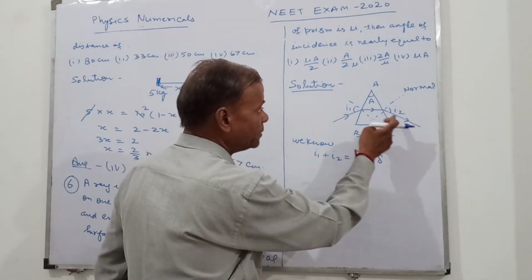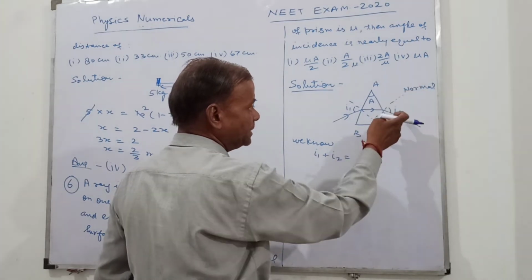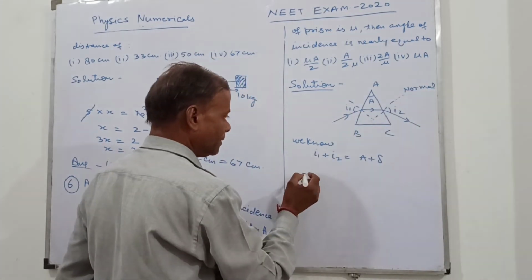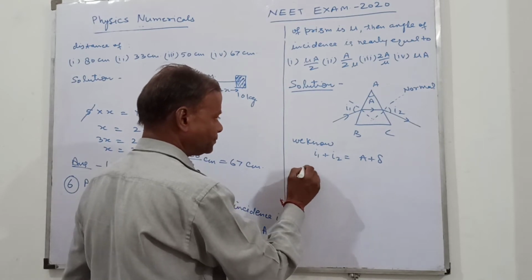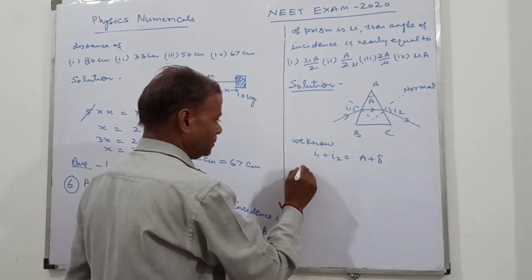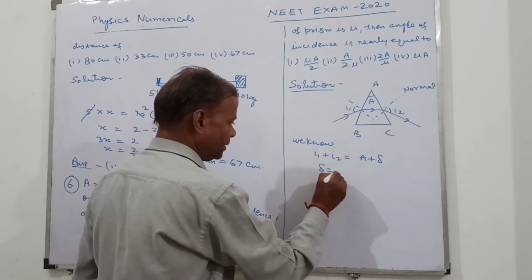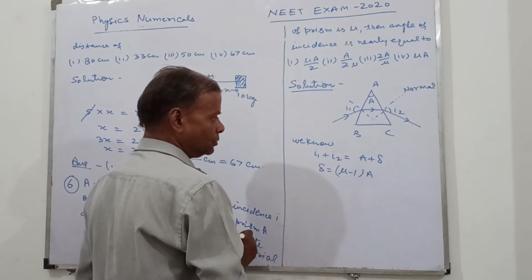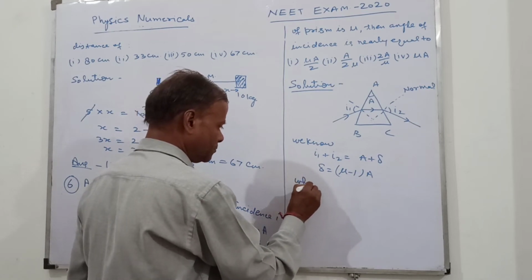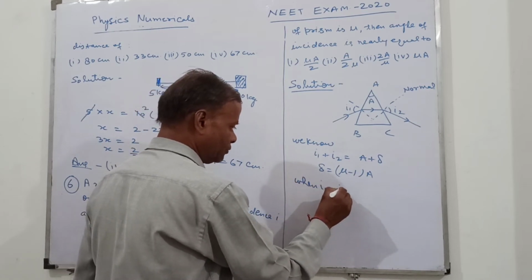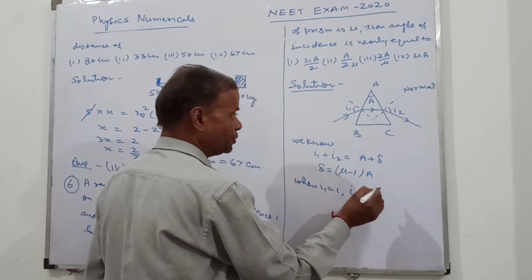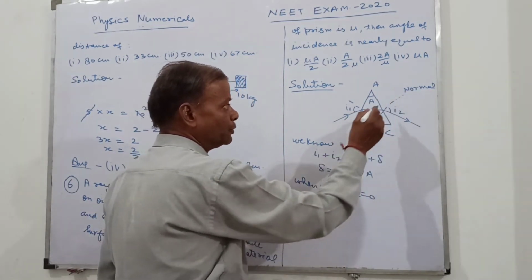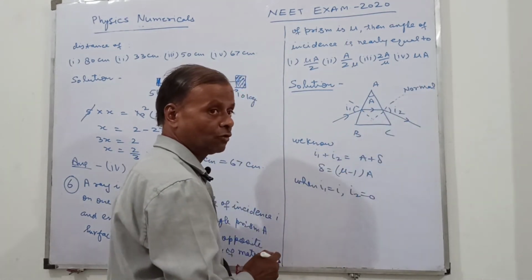And delta equal to mu minus 1 into A. This we know. So when I1 equal to I and I2 equal to 0, the ray goes along this normal.